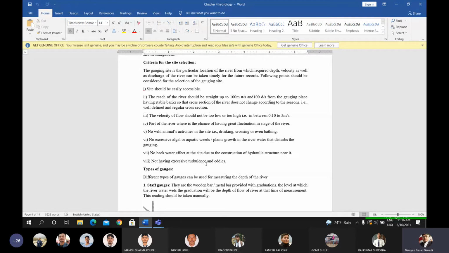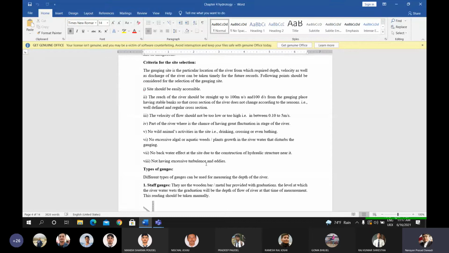The gauging site should have different depths of the river, so that a rise or decrease in the depth of the river can be taken easily. There may be a site with greater fluctuation of the river state due to different flow discharge and different velocity of the river.